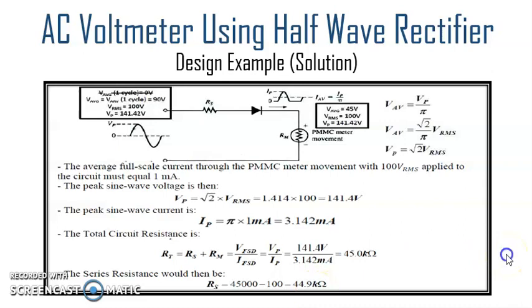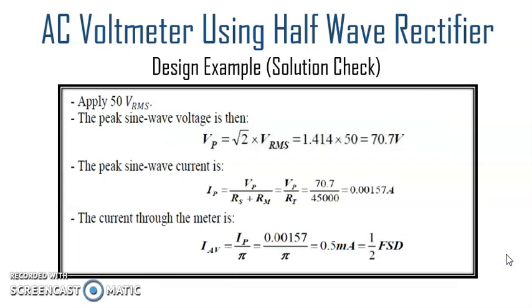In order to cross verify this solution, we can take a point as 50 volt RMS. Since we have designed this voltmeter for 100 volt RMS, it means that when we apply 100 volts to this meter, we'll have the full scale deflection on the PMMC. And this full scale deflection means that at this particular moment, full scale deflection current will be flowing.